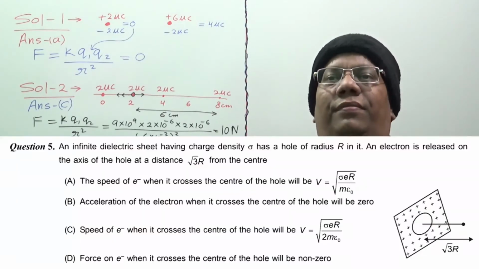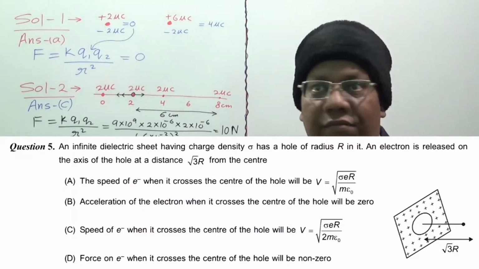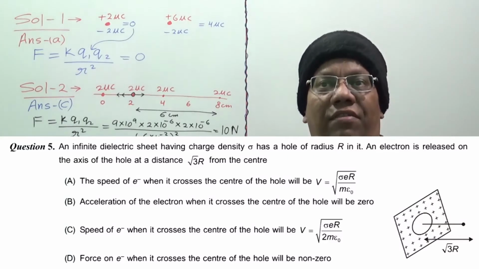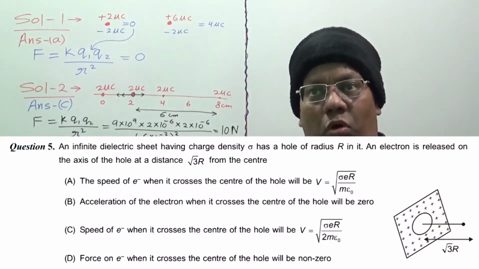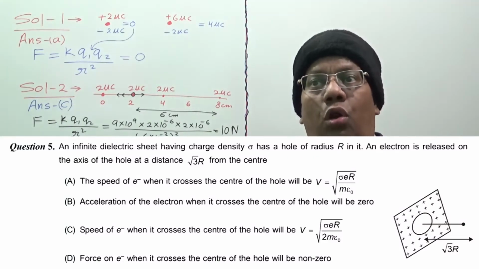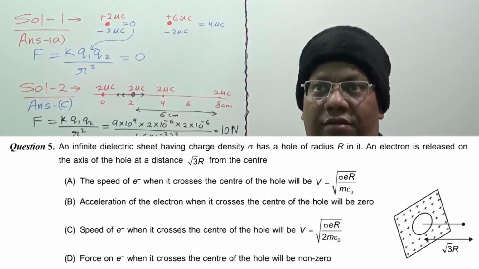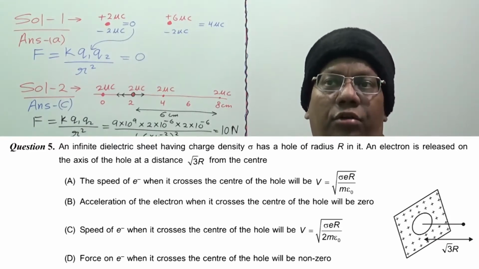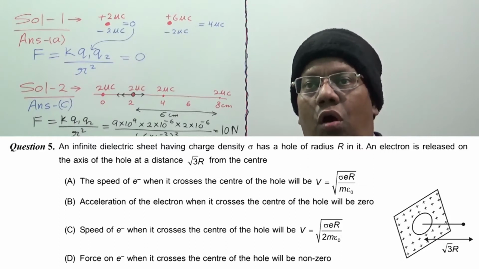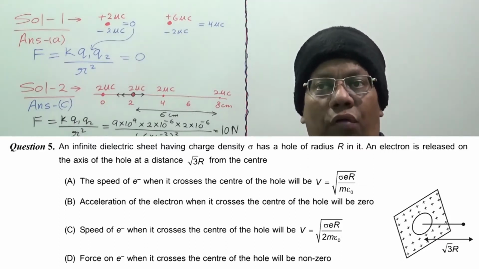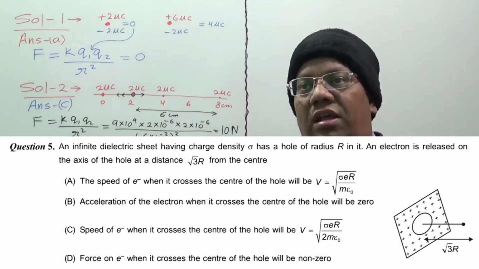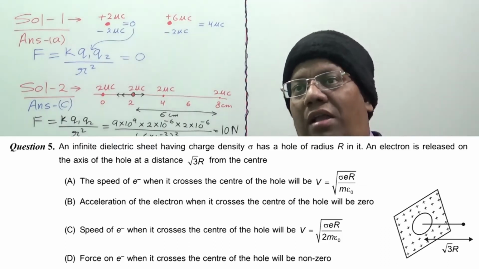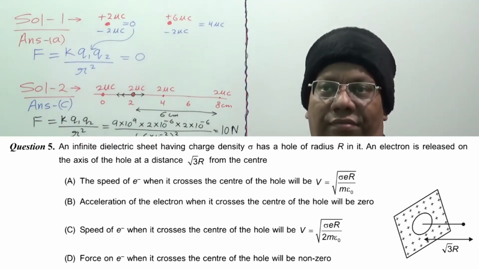Question 5. An infinite dielectric sheet having charge density small sigma has a hole of radius r in it. An electron is released on the axis of the hole a distance root 3r from the center.